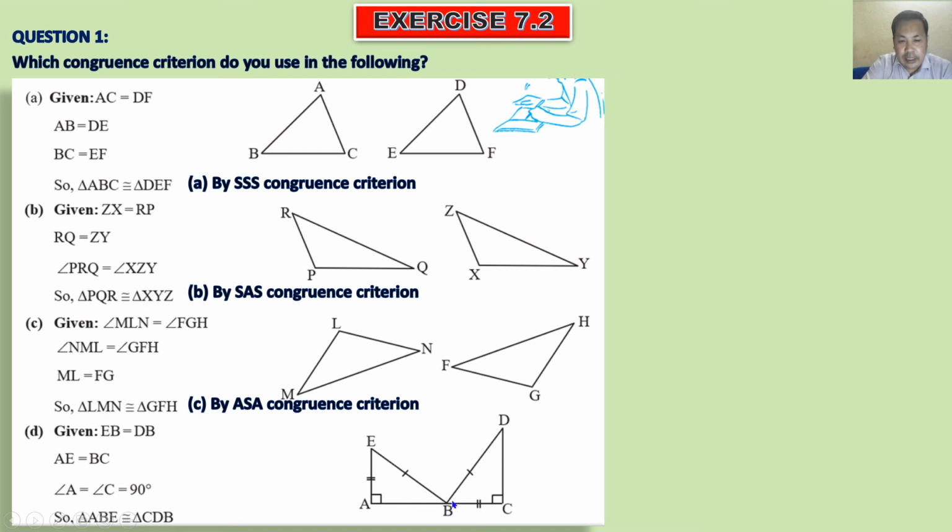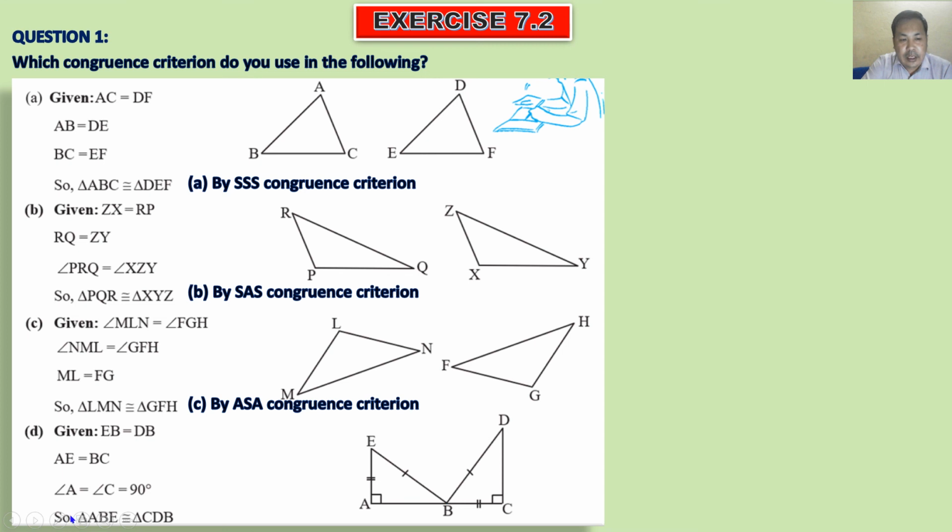The corresponding side is also equal, and the right angle is obviously equal. So triangle ABE and triangle CDB are said to be congruent triangles.